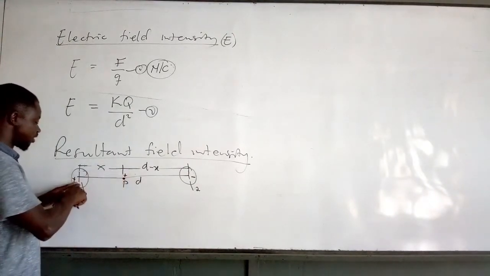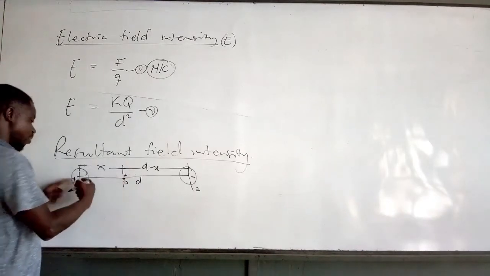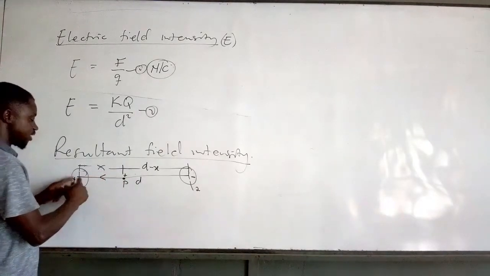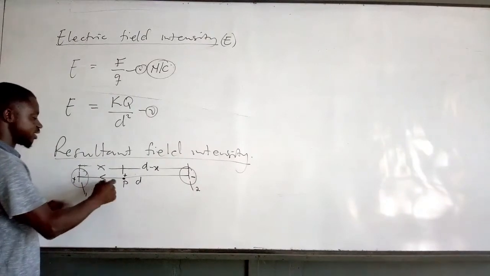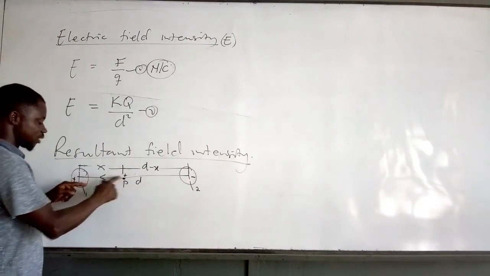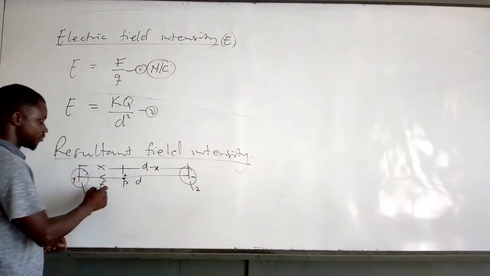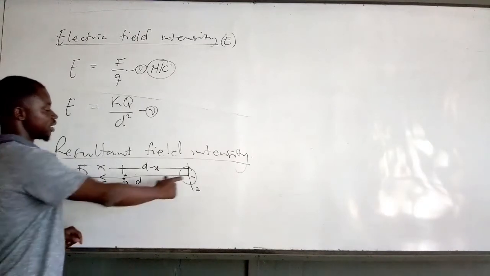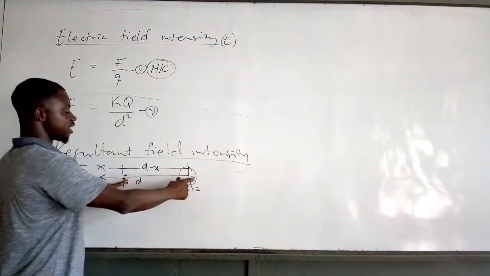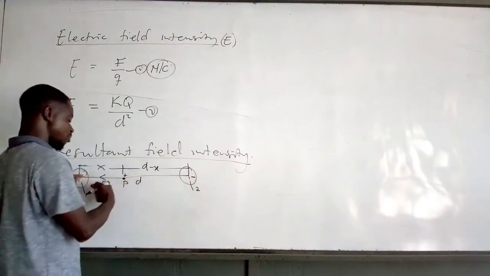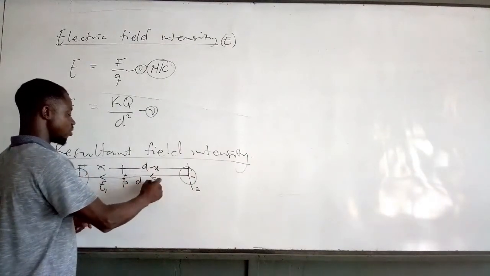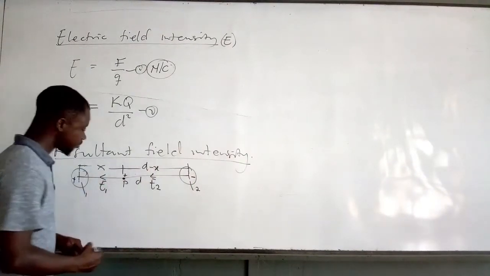Because this is positive and this is positive, it means that this charge is going to repel this one away. So the field intensity due to this charge at this point will point in this direction. Let's call it E1. The field intensity due to this one, this is positive and this is negative, so there will be attraction. So E2 will be in this direction.